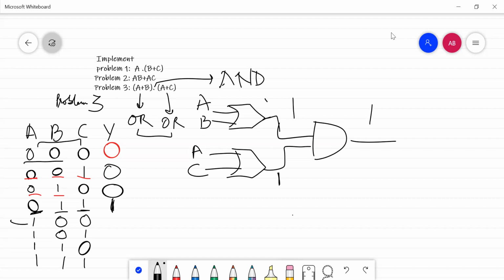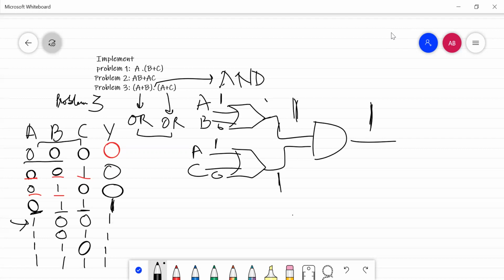Now when A is high again, and B and C are low, because A is 1 here, whatever is the combination of B and C, the output of both the OR gates will be high. And so the output of this AND gate is going to be high. So for all other combinations, I am going to get a high from the AND gate.